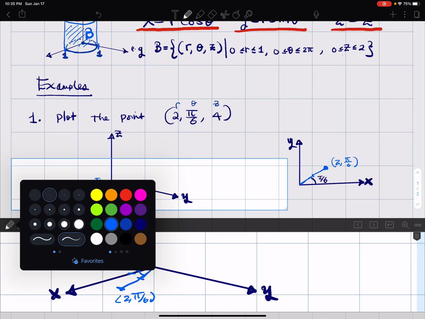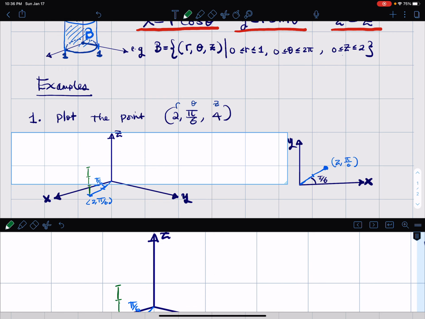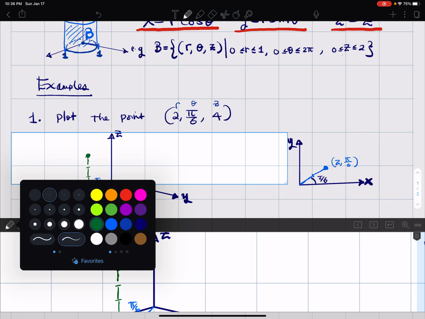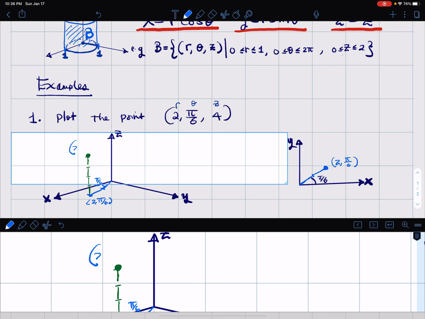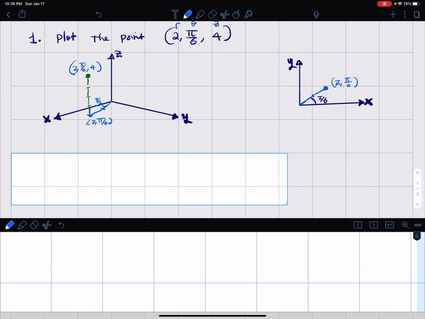Let me use green. 1 unit up, another unit, and then another unit. So this is our point right here. Our point is (2, pi over 6, 4). All right, so that's one example.